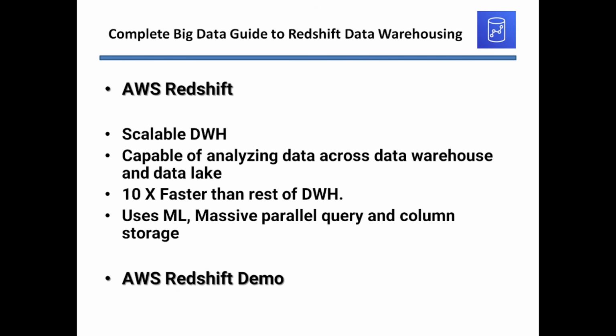What is massively parallel query? Massively parallel query uses multiple processors to retrieve one single result or to execute one single query, whereas traditional SQL Server uses only one processor to execute a query and retrieve results, whereas Redshift uses multiple processors.